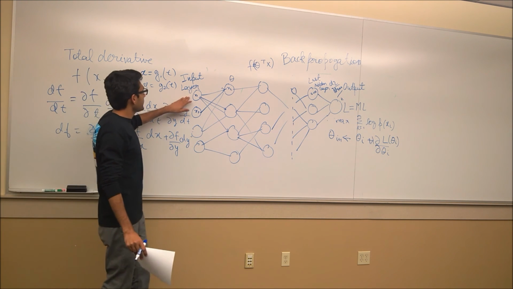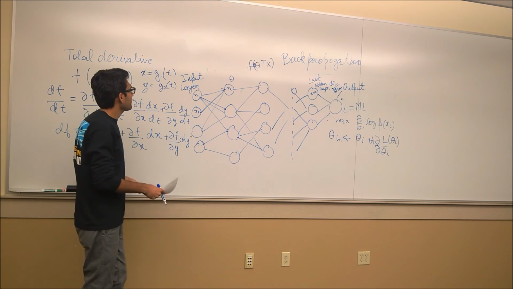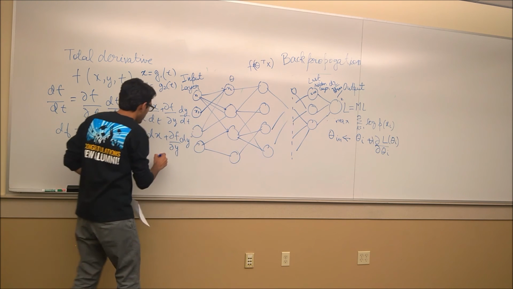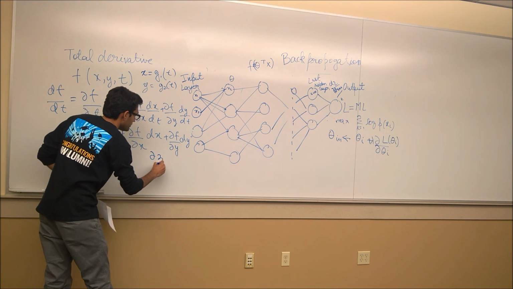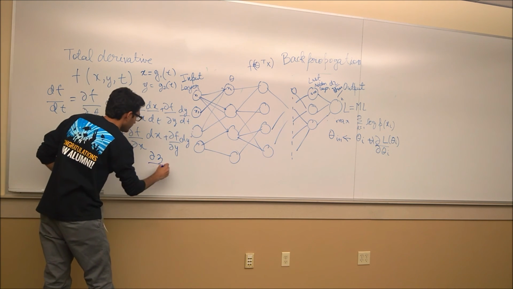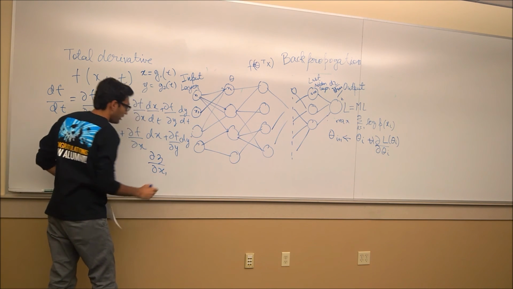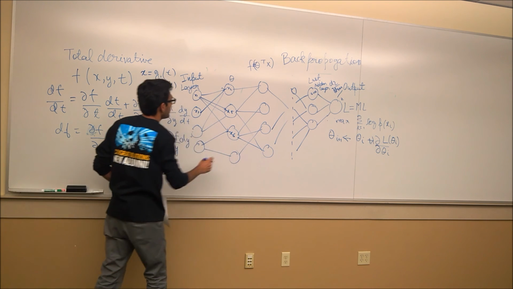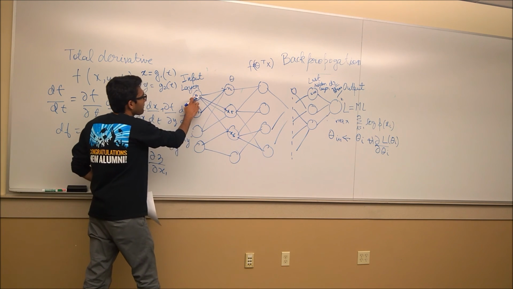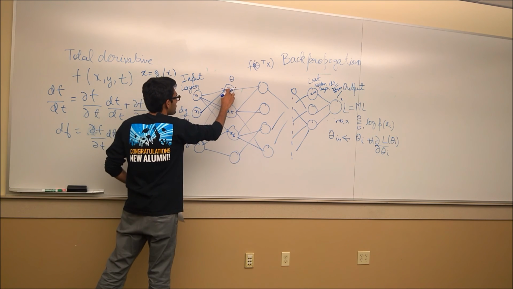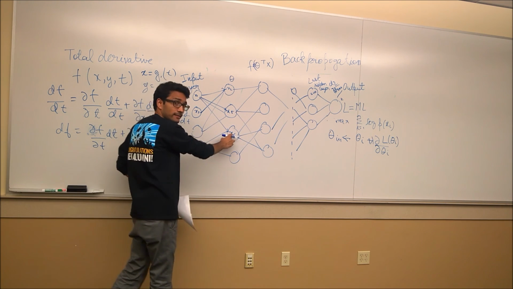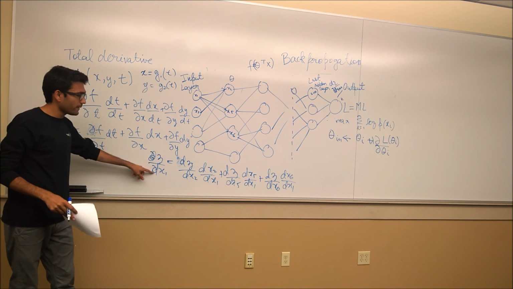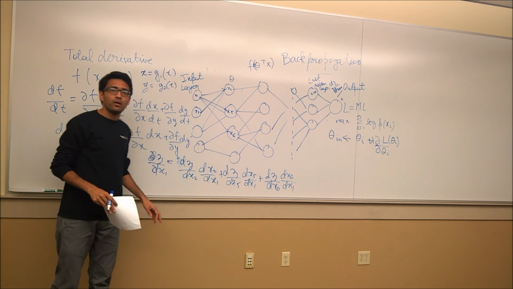So what that would mean for our case is that if I have to calculate the derivative of a final output z with respect to x1, and let's say this is x2, this is x5, this is x6, right? And x1 is being used by x2 and x5 and x6, right? So essentially the derivative of z with respect to x1 is going to be the sum of all the branching that we have, right?